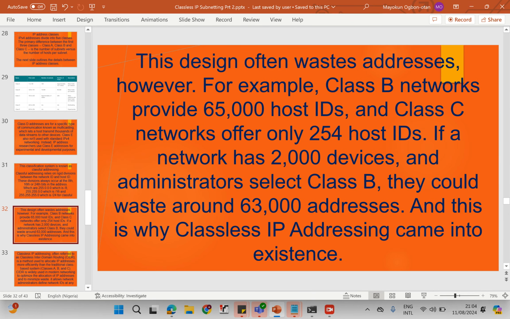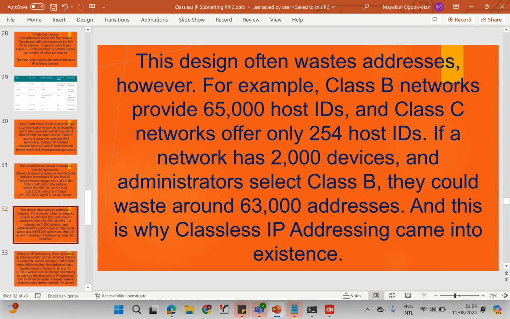This design often wastes IP addresses. For example, class B networks provide 65,000 host IDs, and class C networks offer only 254 host IDs. If a network has 2,000 devices, administrators have to select class B because class C cannot work for you.